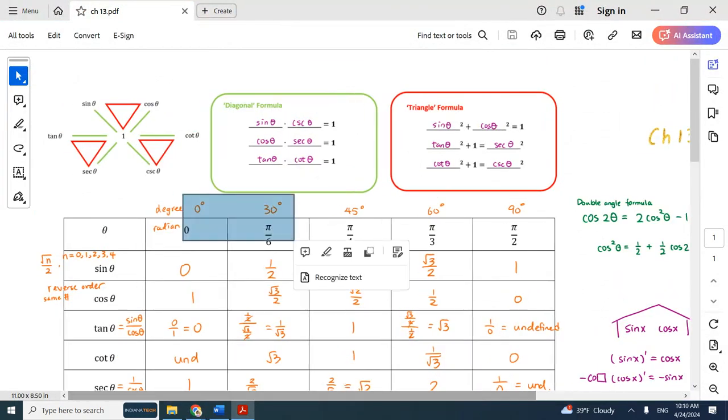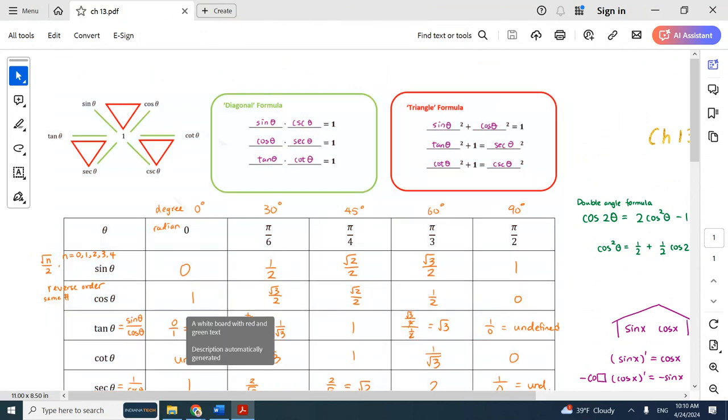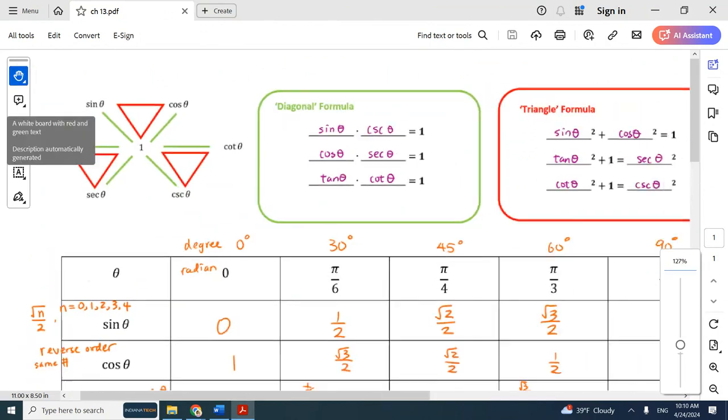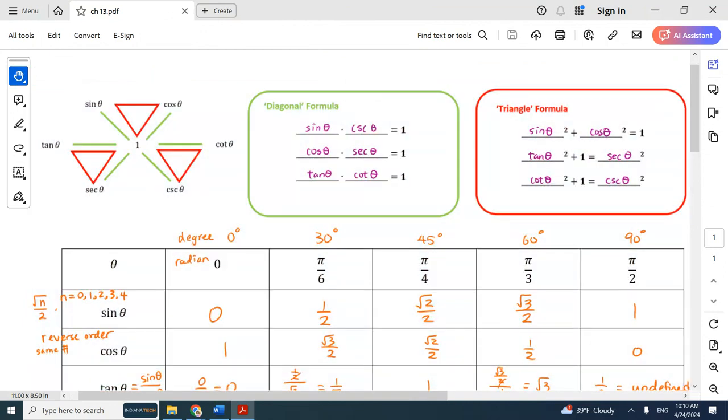Yes? So last time we talked about how we can use the hexagon to help us memorize all the trig identities. Remember this part? This is the hexagon, and the way we draw it is the way we read the 6 trig functions. Right? Sine, cosine, tangent, cotangent, secant, cosecant.